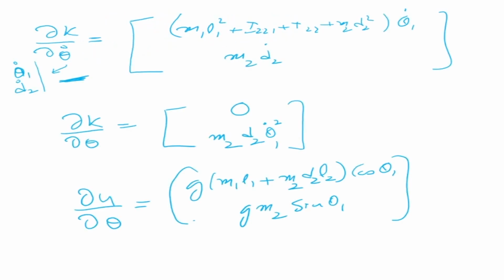So here if I do d dt, theta 1 dot will become theta 1 double dot and d2 dot will become d2 double dot. Okay, but note very carefully that there are two variables actually. Theta 1 is there and d2 is there, both are variables. So when you're differentiating, you have to differentiate first with respect to theta 1 dot, then with respect to d2. Okay, so there are two variables there.